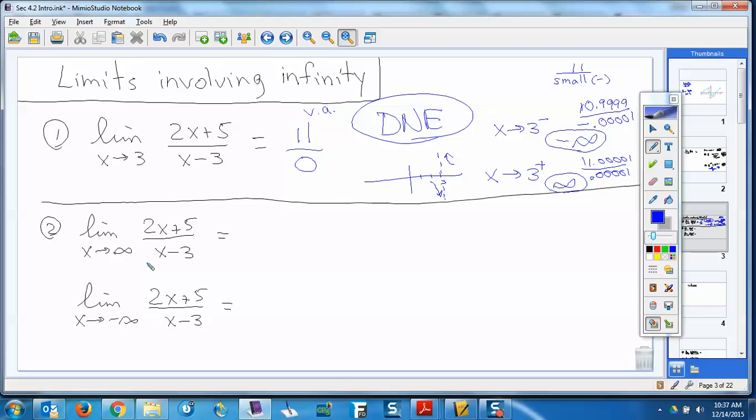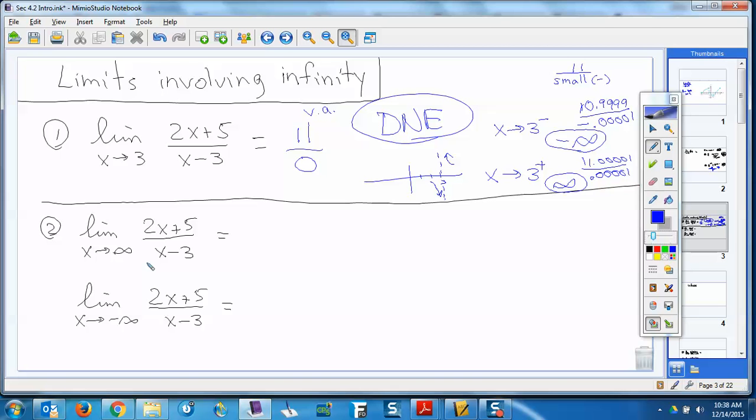Even though it looks like a limit problem, it's a whole different question. Because now what that is saying is as x approaches infinity means as x gets what? Bigger and bigger and bigger and continues to keep getting bigger and bigger. So it's a whole different question than as x approaches 3. All right? So we treat it a lot differently.